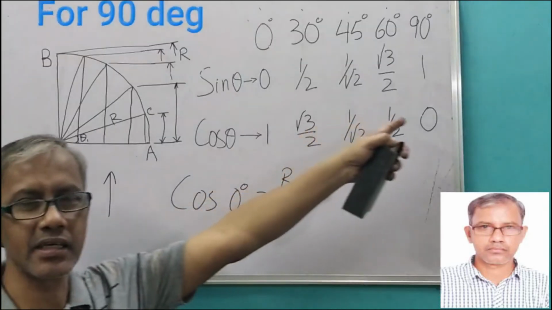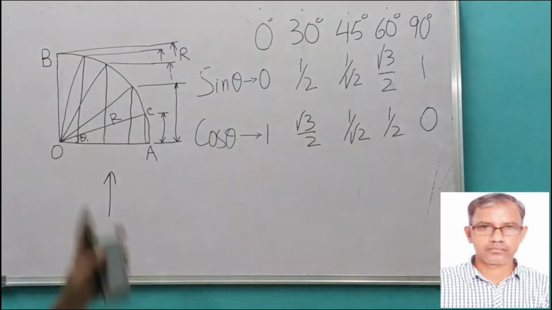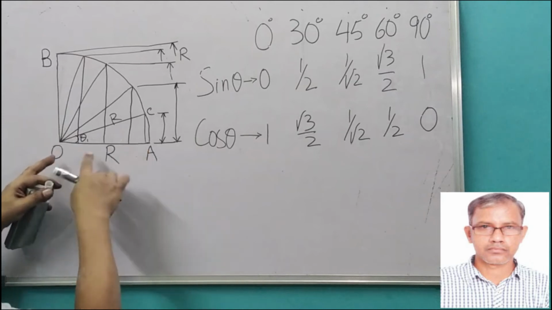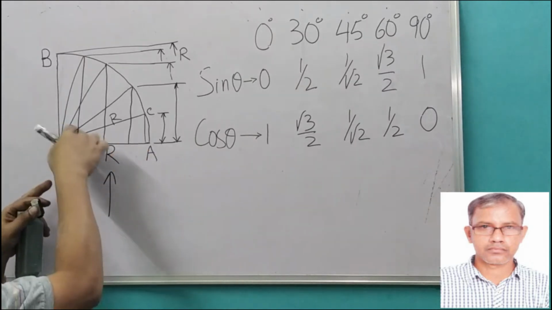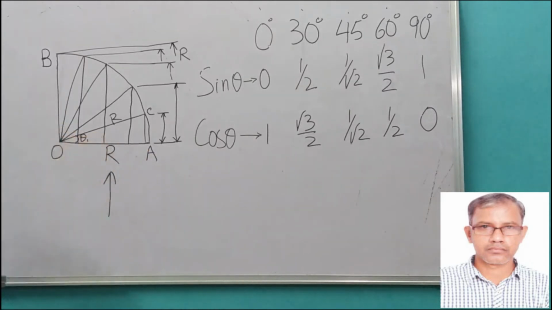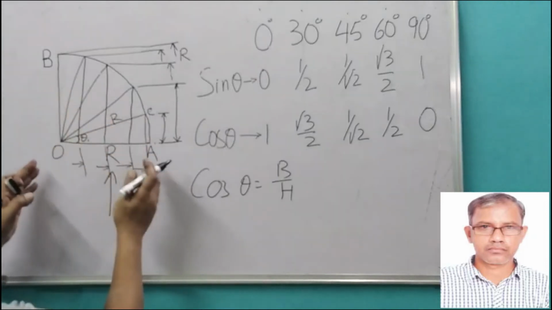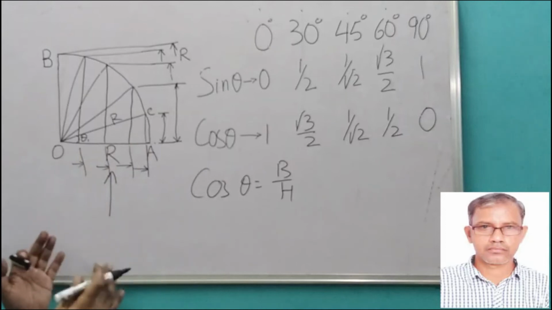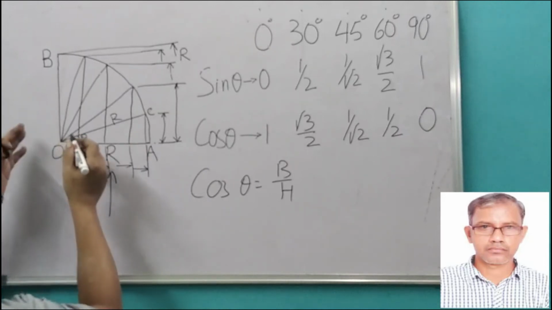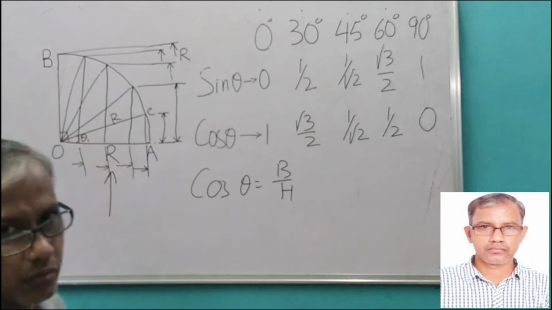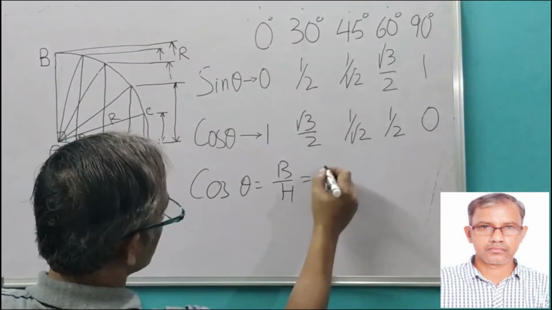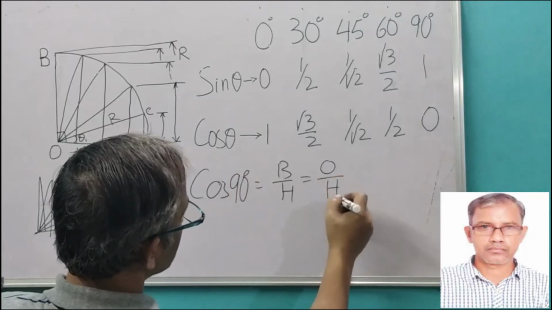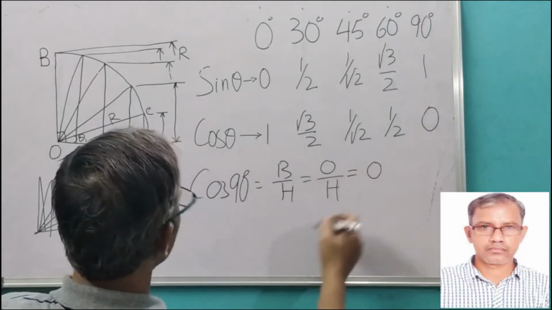Now 90 degrees. I have drawn a circle being made by this radius up to the 90 degree angle maximum. At rising angles, the apparent length from this side becomes smaller and smaller, and exactly at 90 degrees will be nil. So cos of 90 degrees will be 0 by hypotenuse, or equal to 0.